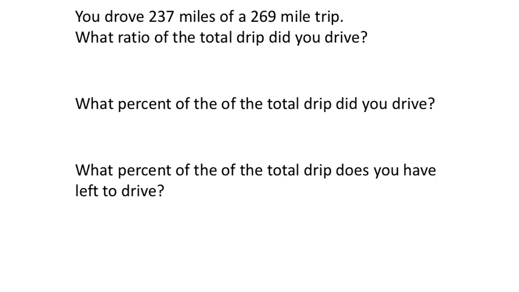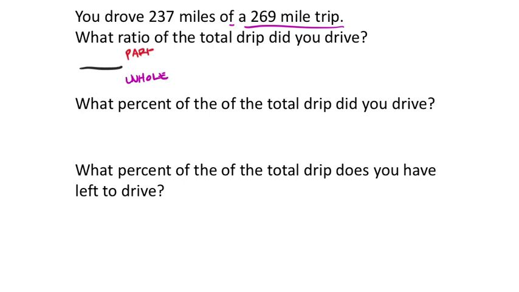Okay, so the ratio of the total trip, right? Now, there are several different ratios here, but we want a part to whole ratio, which is going to help us to set up a percent proportion, right? Now, for me, it's easier to look for the whole trip. And it says that the whole trip is going to be 269 miles.